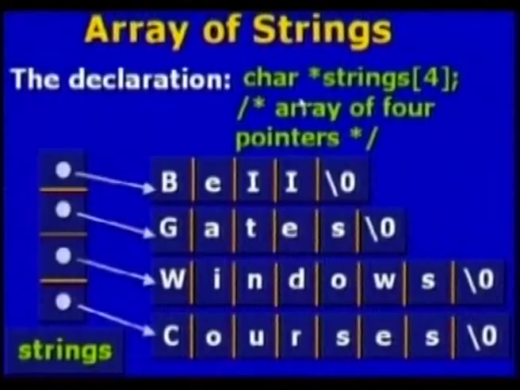And that's why a nice way of representing that would be something like this. If I define strings or names to be of type pointer of size 4, that means I'm having 4 pointers. These four pointers are like these.